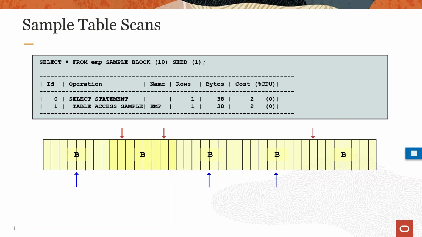Via the seed clause, you're going to instruct the database to attempt to return the same sample from one execution to the next. Plus also in your execution plan, you will see that the sample table scan has been used.